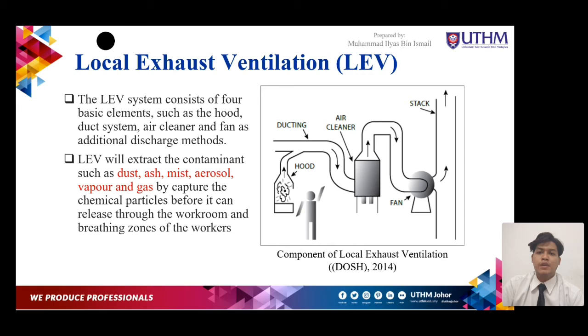The figure on the right, as you can see, shows the components of LEV. For my research, I will focus on the air cleaner. LEV will extract contaminants such as dust, ash, mist, aerosol, vapor, and gas.